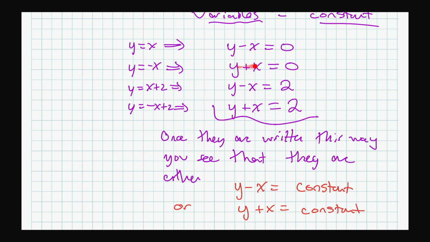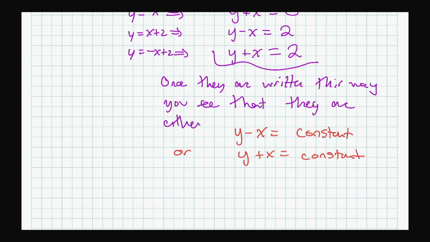Y minus x, y plus x, y minus x, y plus x. So you should notice that right away, and then 0, 0, 2, 2. And that tells you that you want to use one of these for u and one of them for v.